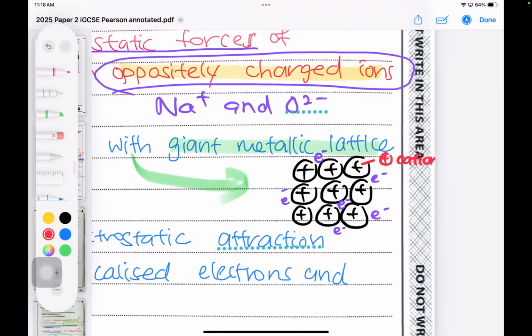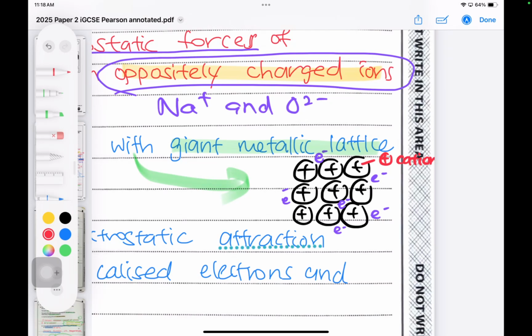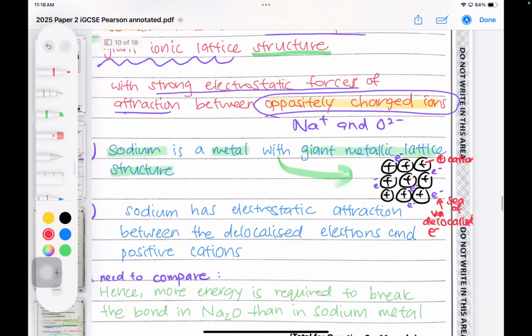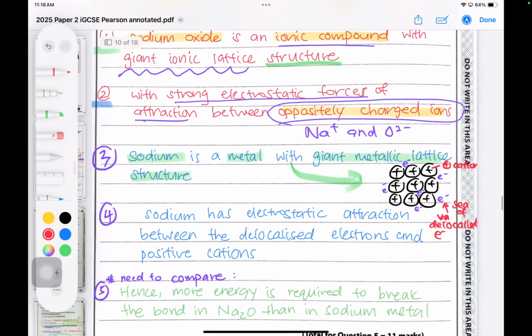So in this case, it will be our sodium cations, and this e- here is our delocalized electrons. The word delocalized basically means these electrons don't really belong to anybody, they just float around the entire surface of this metal. Okay, so this is how we describe the structure of sodium.